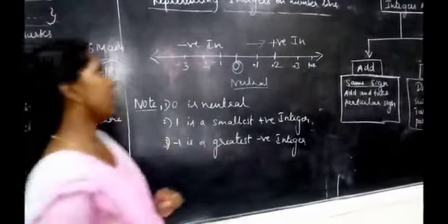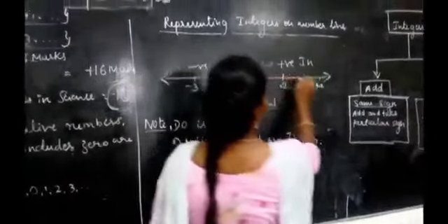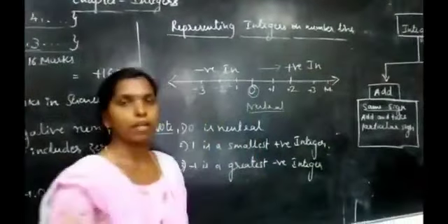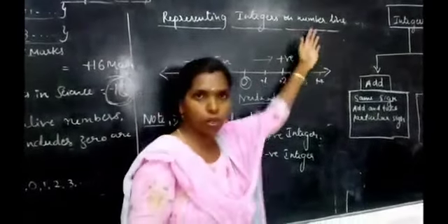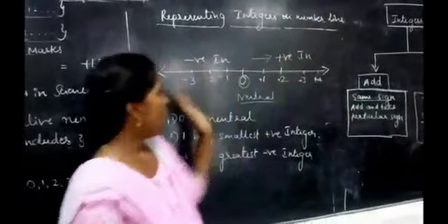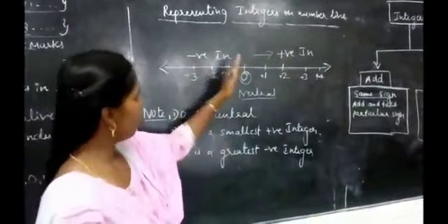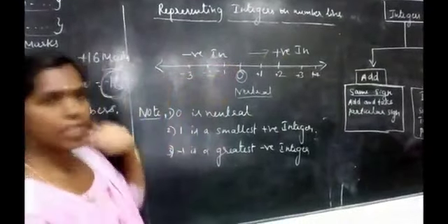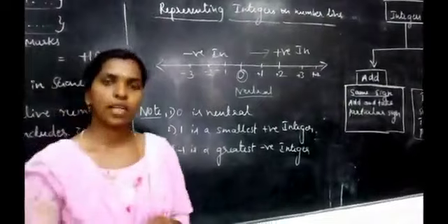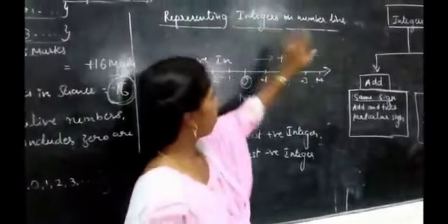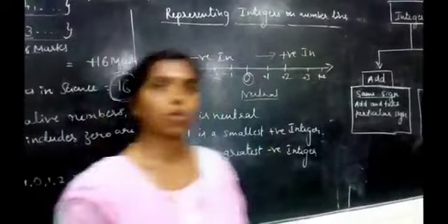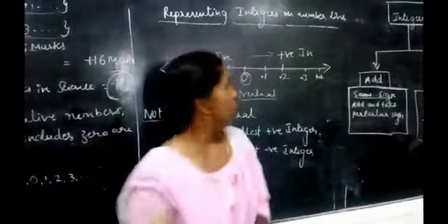And another thing is, as the number line is extended towards the right side, the values of the integers increase. However, if you extend the number line towards the left side of the 0, the values of the integers decrease.